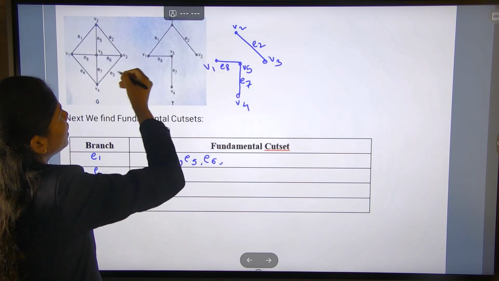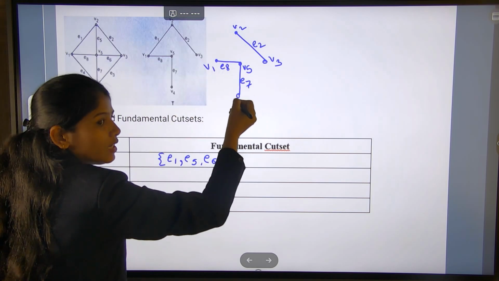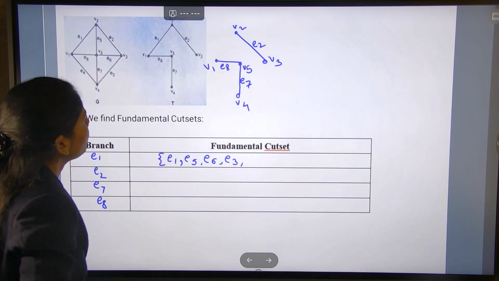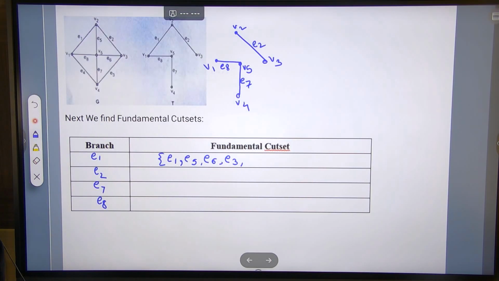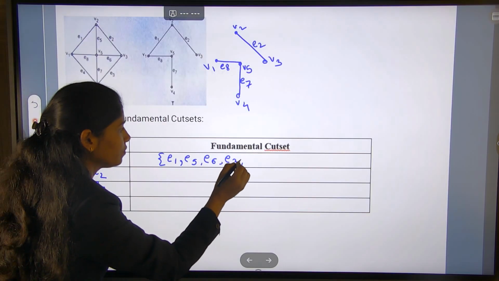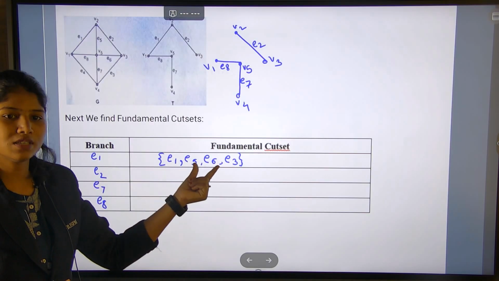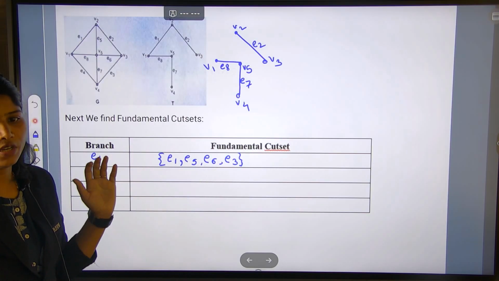If we join E3, we get the connected graph, therefore write down E3. E1, E5, E6, E3, that's it, all are covered here. So close the curly bracket.